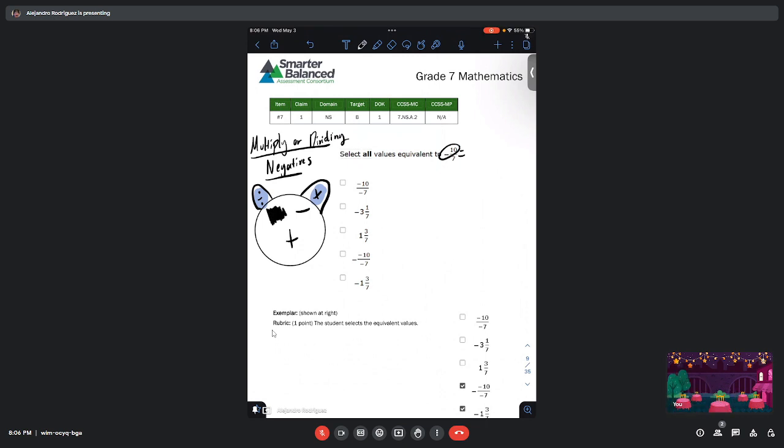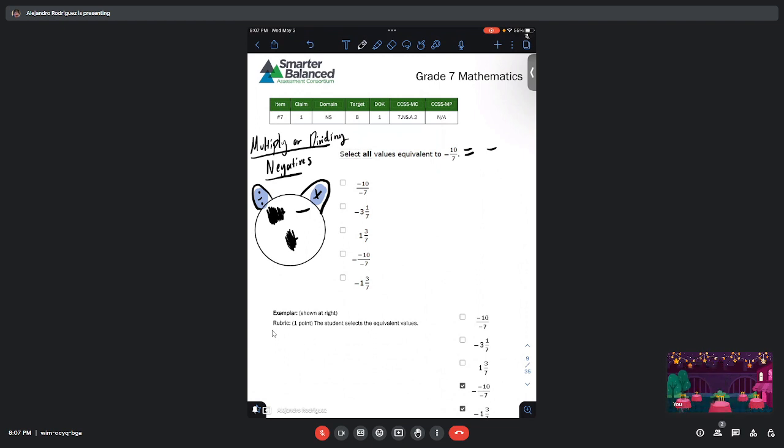Next, we have the second number to be +7, so I'm going to go ahead and cross out one of the +7s. And what I'm left with is a negative, which means that my final answer is going to be a negative. So I know that -10 over 7 is going to equal some negative number.